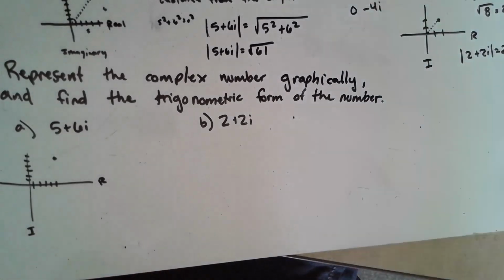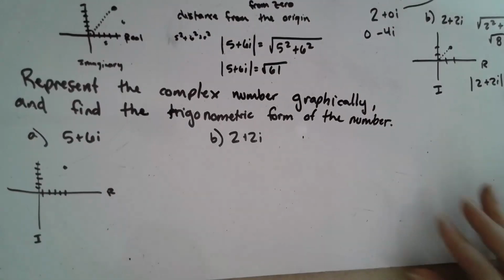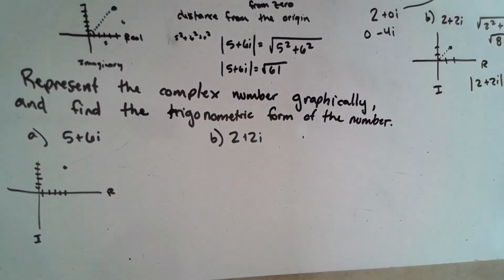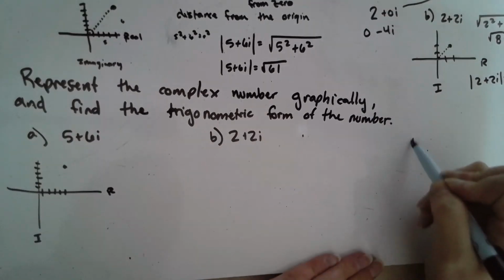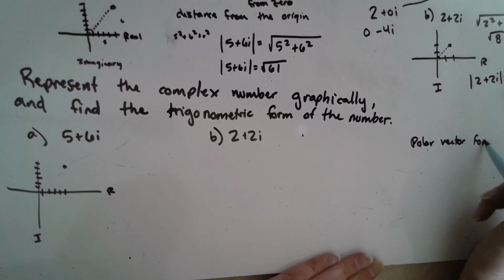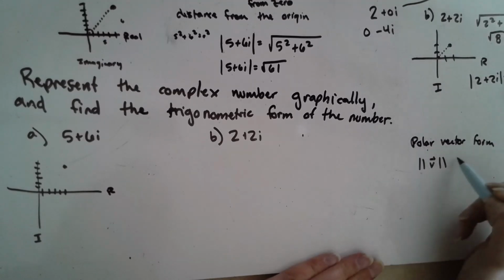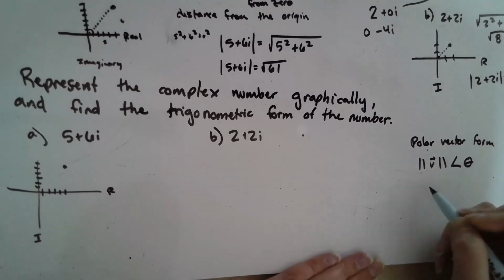Okay, so trigonometric form is very similar to the polar vector form. In the polar vector form, if you remember, I'm just going to write it over here, polar vector form, we had the magnitude of our vector and then our angle.